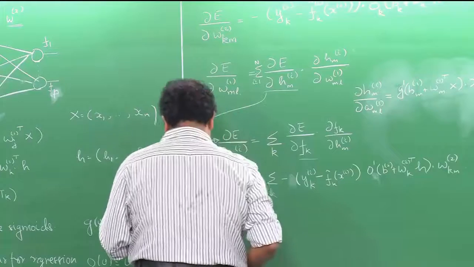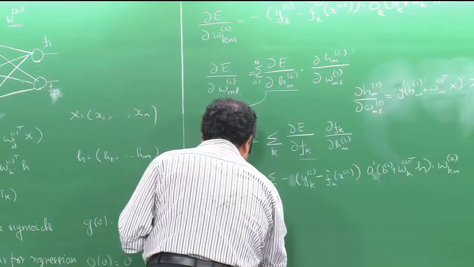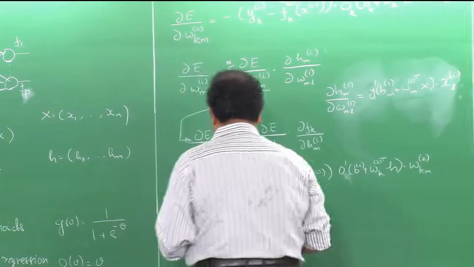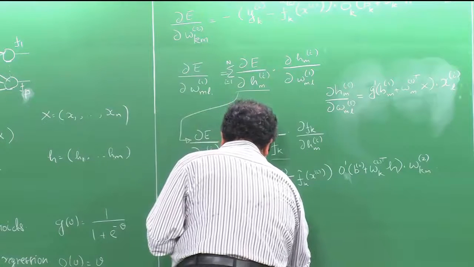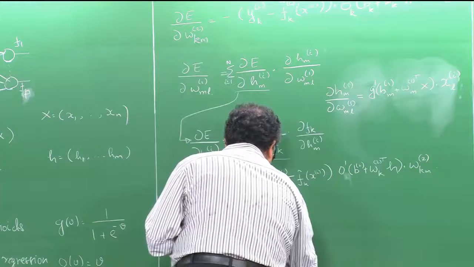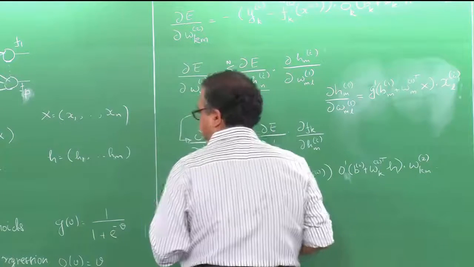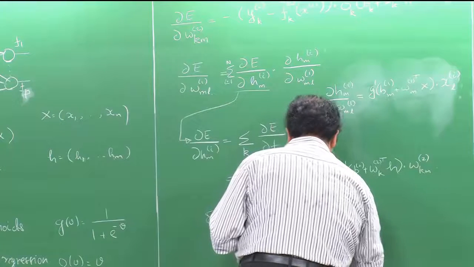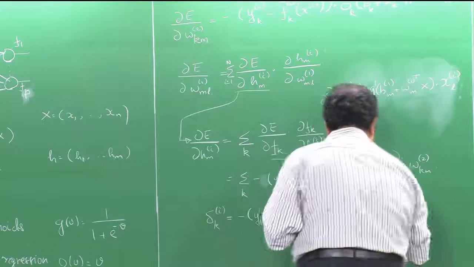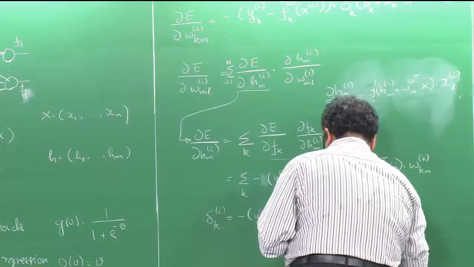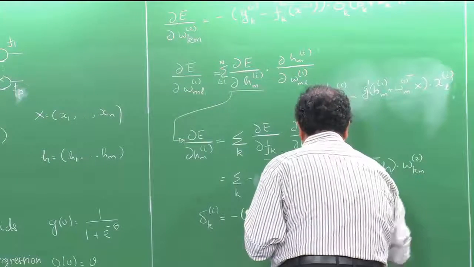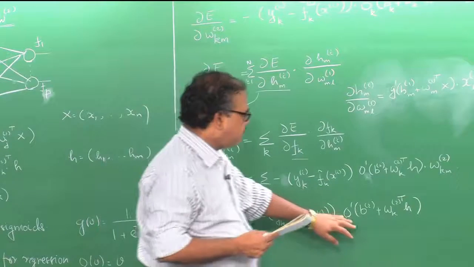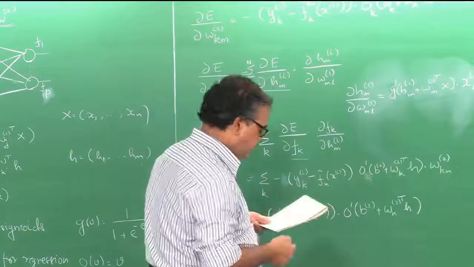I am going to say delta_k for the input i is essentially the error term times the derivative of the last layer's output function.